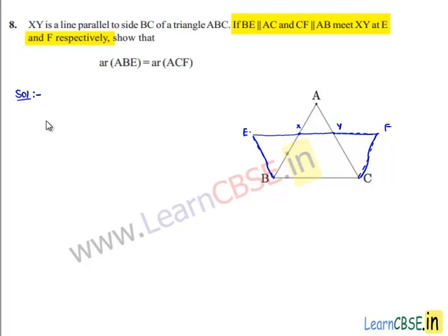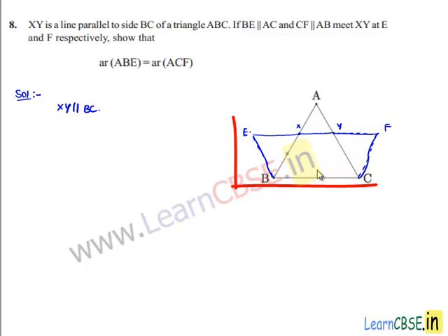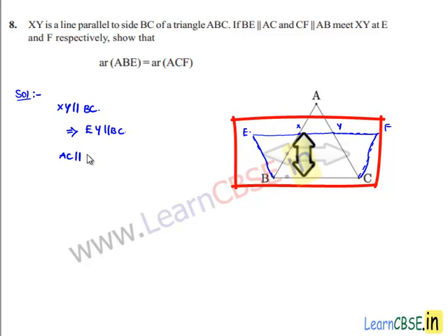Now, initially it is given that XY is parallel to BC, and now let us consider quadrilateral BEYC. In this, we know that XY is parallel to BC, which implies EY is also parallel to BC. And AC is parallel to BE, which is drawn by us. That implies CY will be parallel to EB.